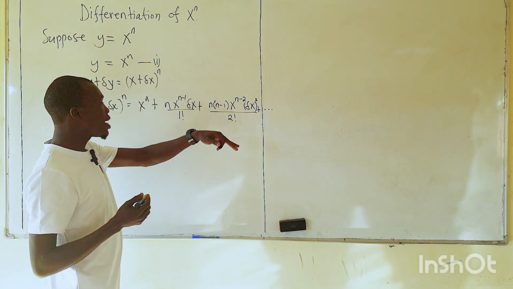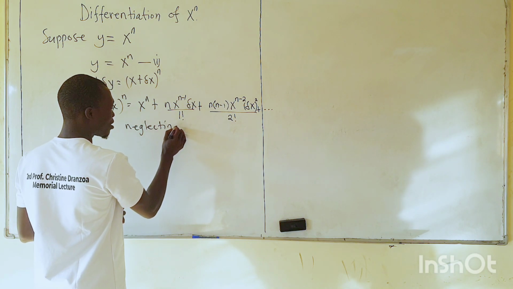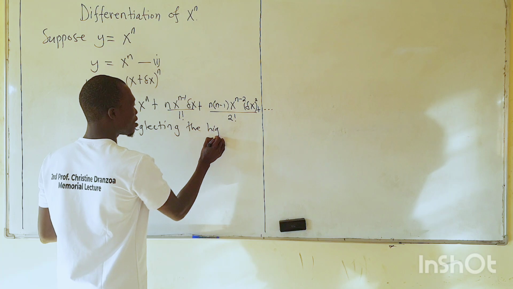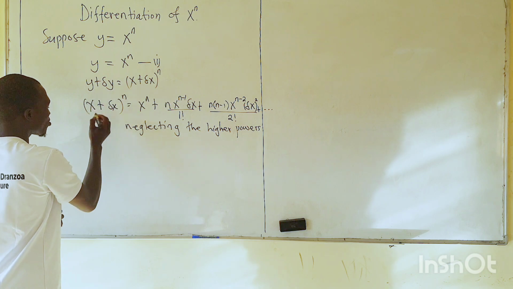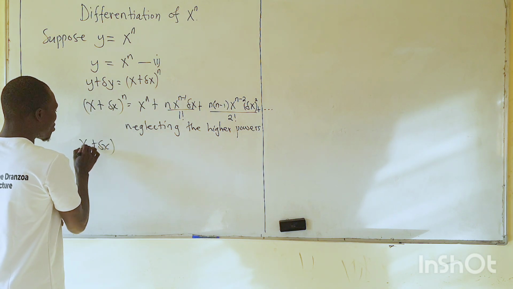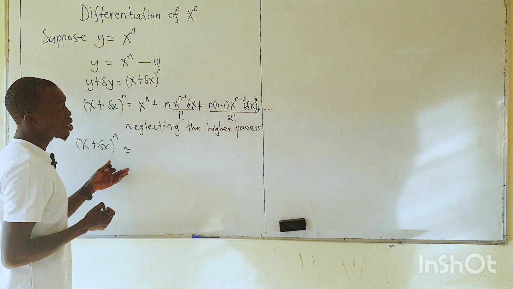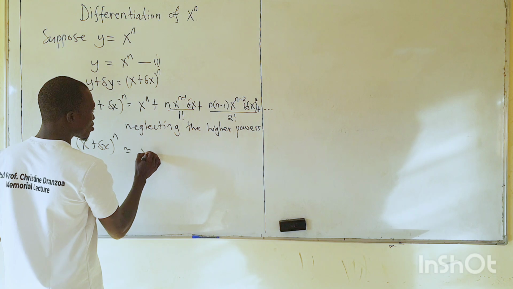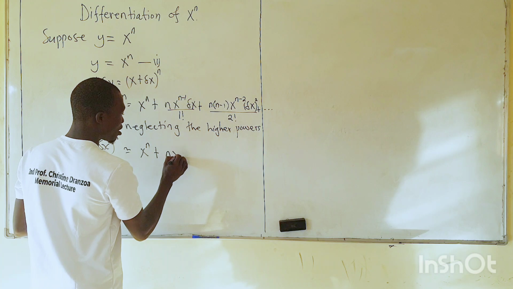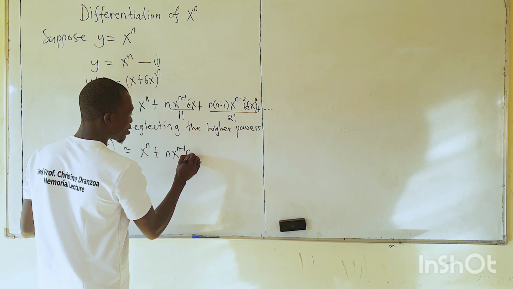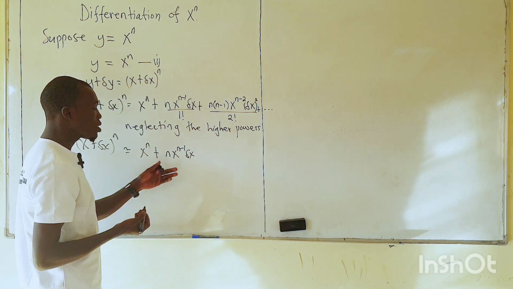So here we are going to neglect the higher powers. Since we are neglecting higher powers, we shall approximate the expansion of (x plus delta x) raised to power n to be x^n plus n x^(n-1) delta x. 1 factorial is just 1, so if you divide by 1, it will not change this expression.